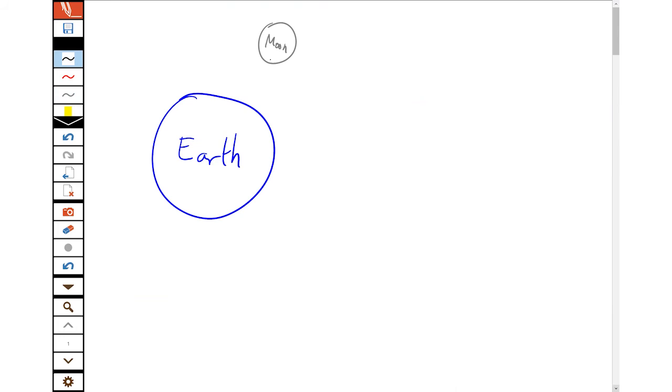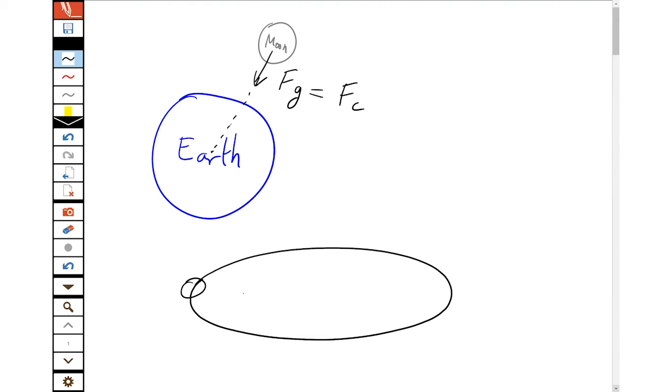And in this case, we know it's the force of gravity that acts towards the center, so that must equal the centripetal value. Or if you have a ball and you're whipping it around in a horizontal circle on the end of a rope, then the tension in that direction must equal the centripetal force.